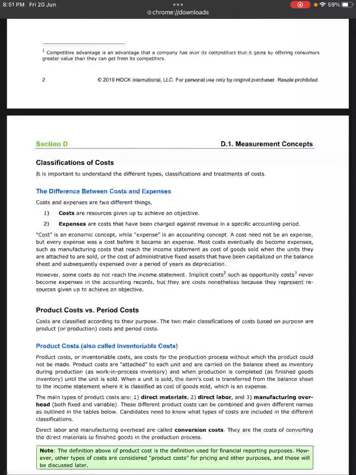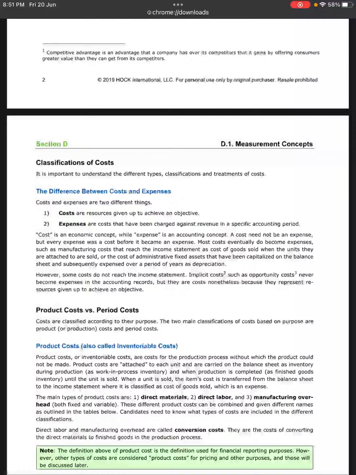Cost means resource given up to achieve an objective, and expenses are also cost, but all expenses are not cost.